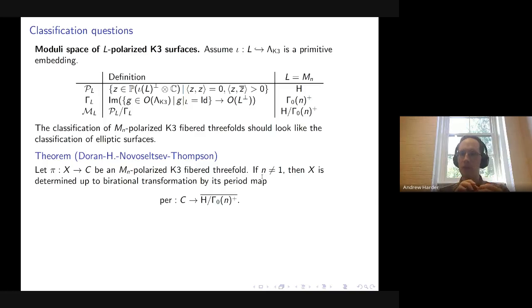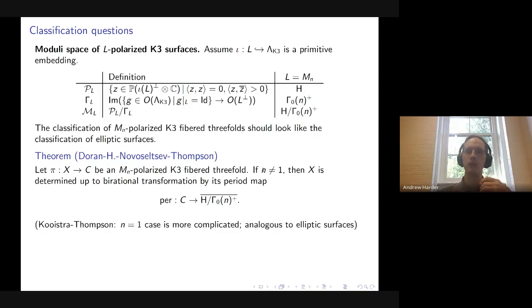So this is why you have to introduce the homological invariants to account for the -1s that can occur in local monodromies. So with Mn polarized K3 fibred threefolds, if n is not equal to 1, then you can't have this phenomenon of -1 monodromy around a singular fiber. But if n is equal to 1, you can have such a thing. So that's why things are a bit more complicated in the n equals 1 case.